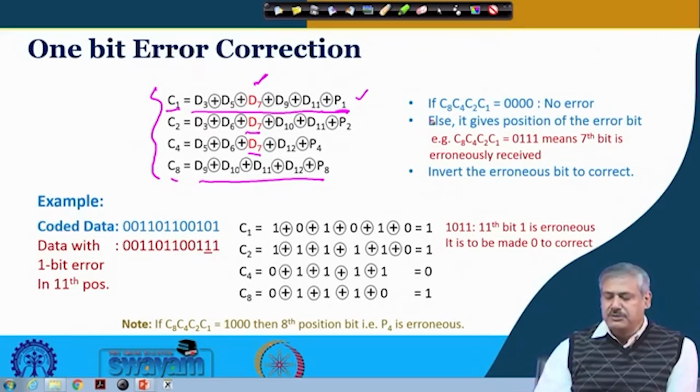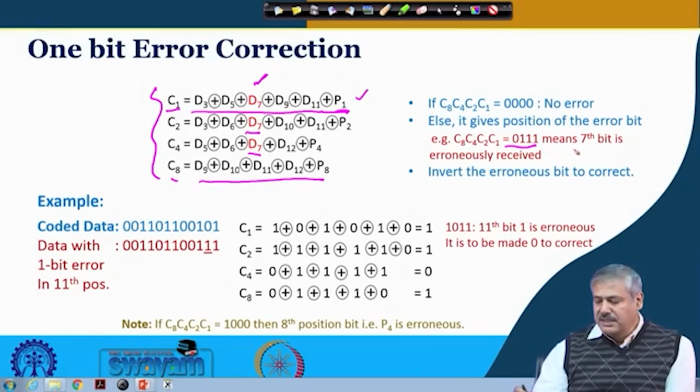C8, C4, C2, C1 will generate 0, 1, 1, 1 from this side to this side, and this refers to 7th; 0, 1, 1 is 7. So that indicates that the 7th bit is erroneously received, and if you invert it, you will get the actual information, right. So this is how 1 bit error correction is done.